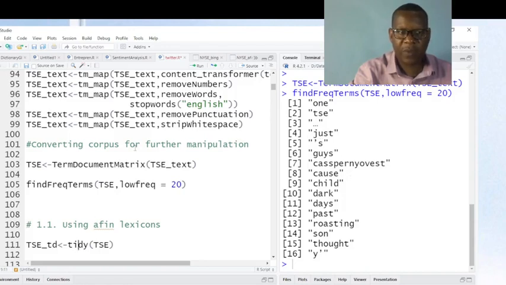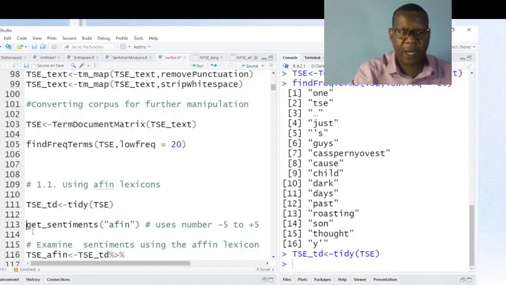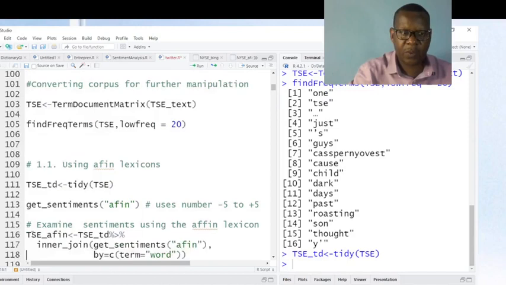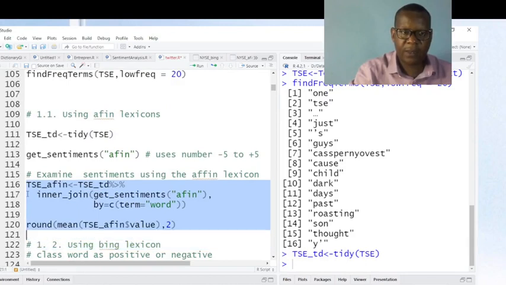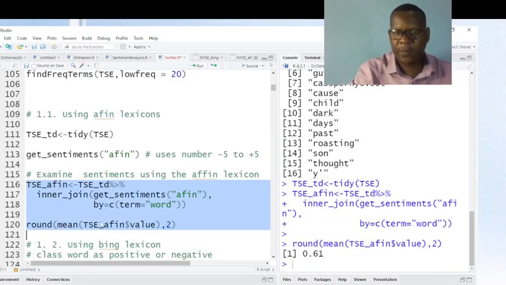I can transform this, the same commands, and I can run the commands related to making sentiment analysis and calculate the mean by using these commands.